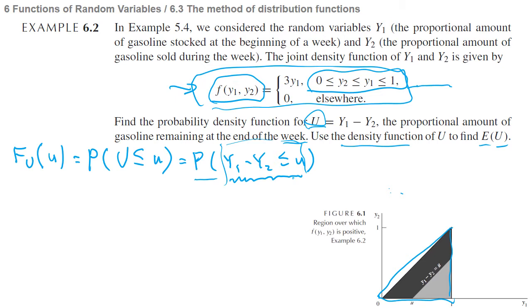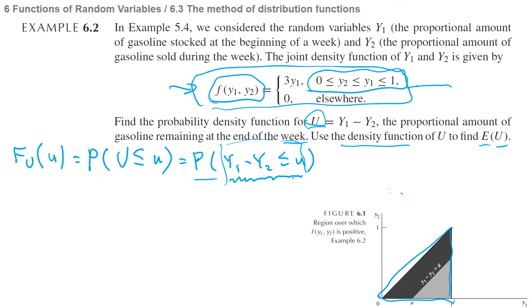Y2 is less than or equal to Y1, and both Y2 and Y1 are greater than or equal to 0 and less than or equal to 1. So it describes the bigger rectangle, and if you integrate this density function over this bigger rectangle, it sums up to 1.